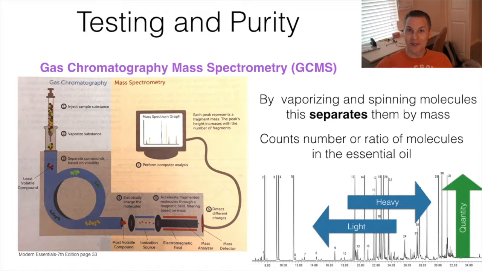The heavier molecules are on this side of the graph, lighter molecules on that side, and the height of the point on the graph determines the quantity, or how much of that specific compound at that specific point of mass is in that solution. These can get very, very detailed. You can run these over a longer period of time to get an even more detailed and precise test.